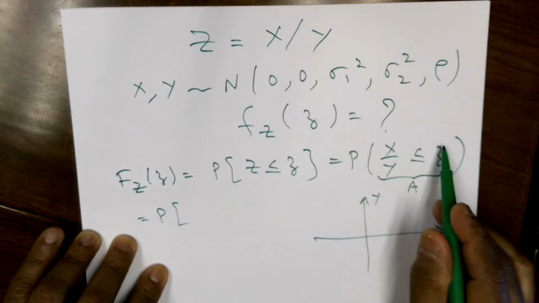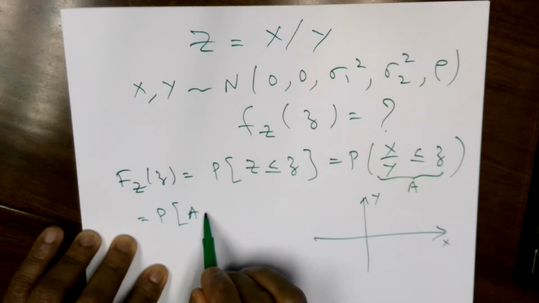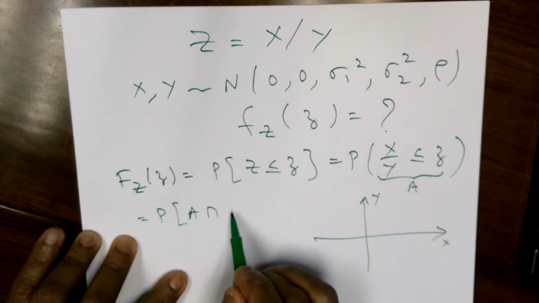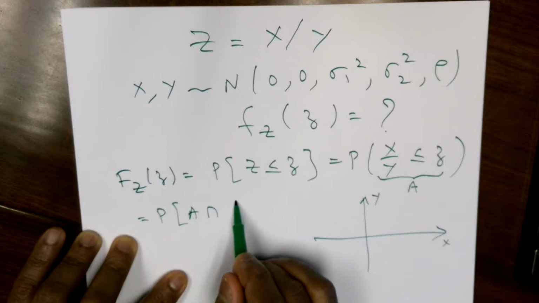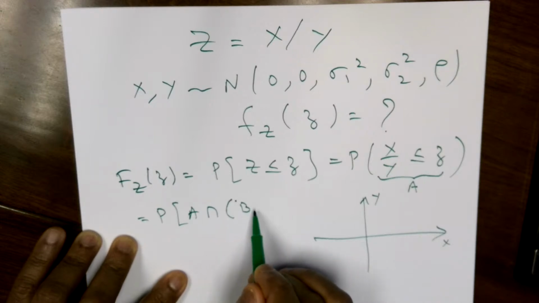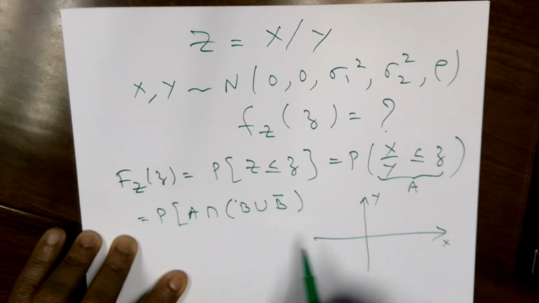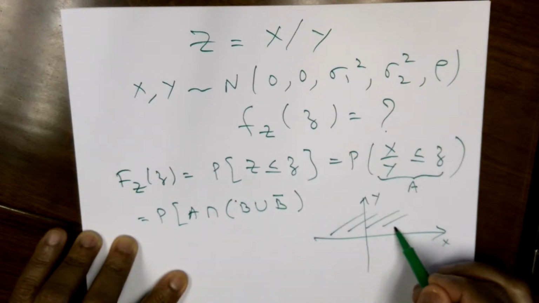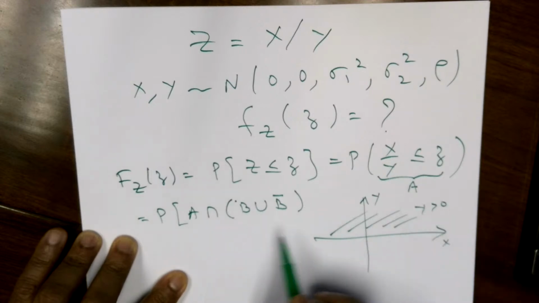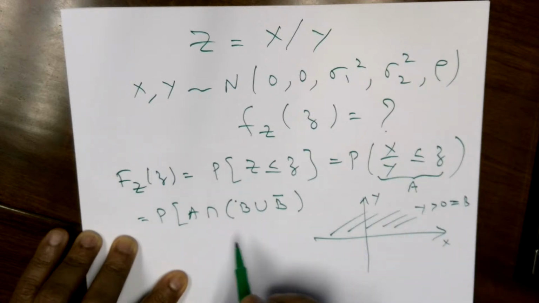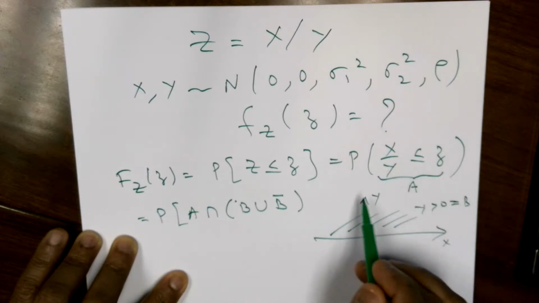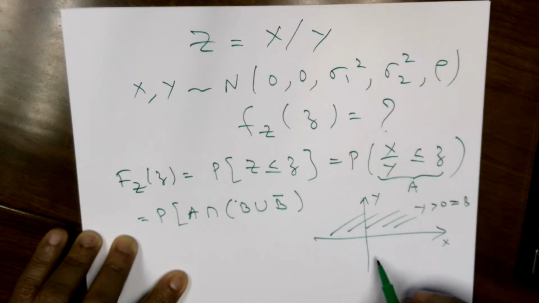So let me call this, for the time being, A. So I'm going to do A intersection the whole set. The whole set, I'm going to write as B union B complement. And B, of course, I'm going to take to be this region, which is Y positive. So that's B. And obviously B complement will be here. That's Y negative.